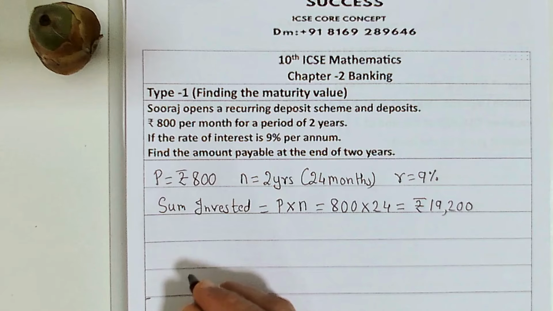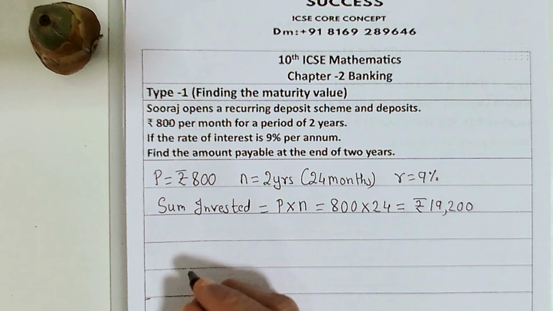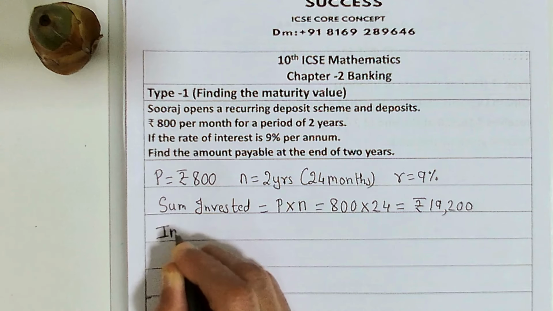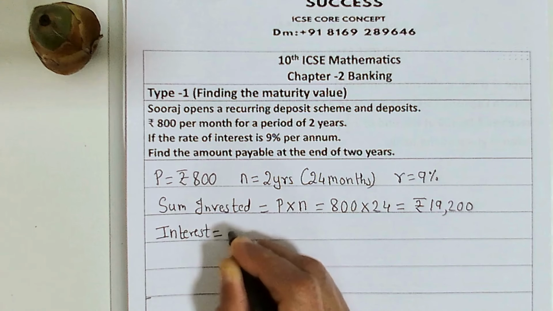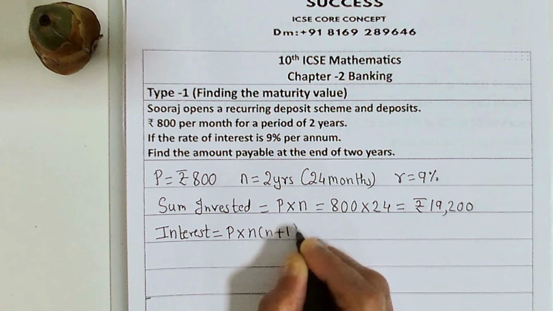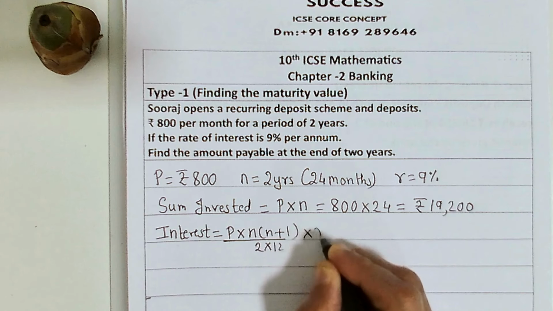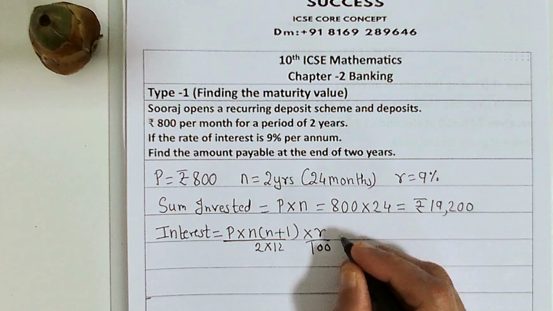Now, Suraj is more interested in the interest, so let us calculate the interest which he will get from the bank. So, interest formula, don't forget to write the formula, P into n into n plus 1 upon 2 into 12 into R upon 100. Let us substitute the values.